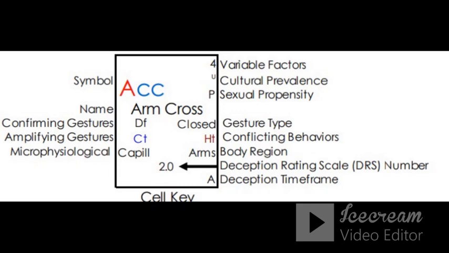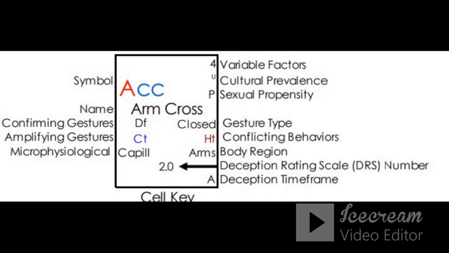As you see, it's listed as ACC, symbol, name, arm cross, confirming gestures, amplifying gestures, microphysiological variable factors, cultural prevalence, sexual propensity, gesture type, conflicting behaviors, body region, deception rating scale or DRS number, and a deception time frame.